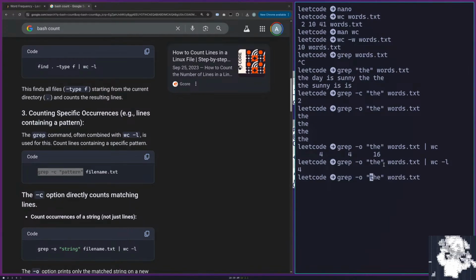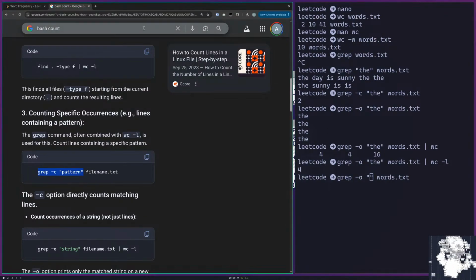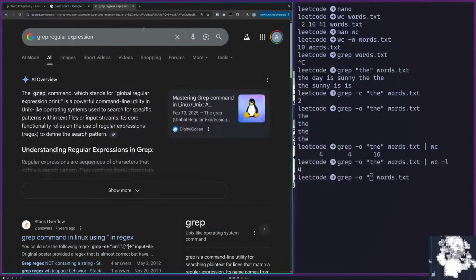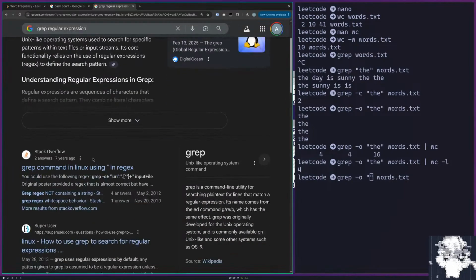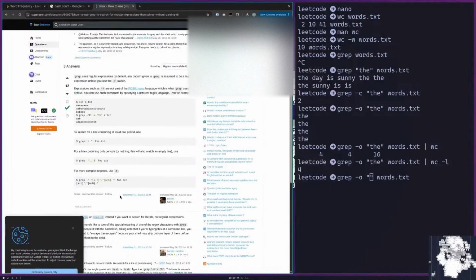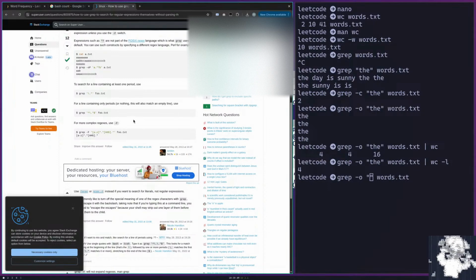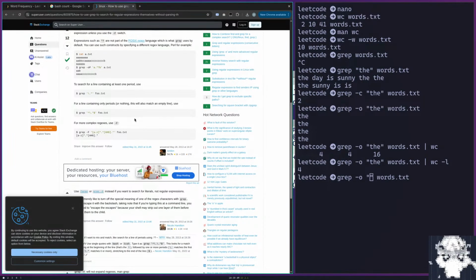If I changed the to be, does this accept regular expressions? Grep regular expression. It just does, right?